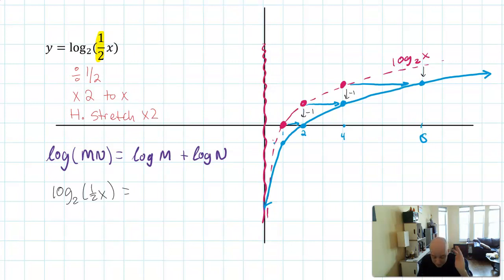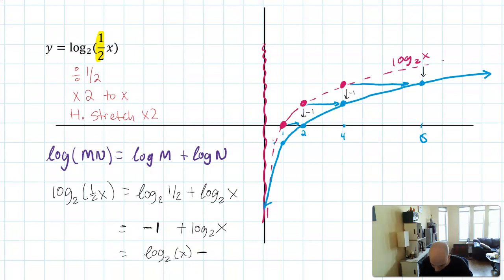So by using this rule, we could say this is equivalent to log base 2 of 1/2 plus log base 2 of x. Now, is there any good reason to do that? Yeah. Log base 2 of 1/2 is equal to -1. So this is the same as log base 2 of x minus 1.